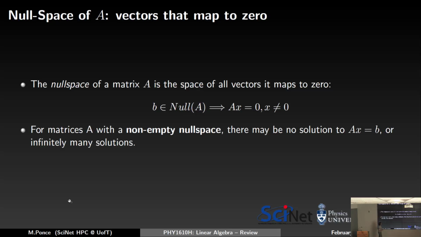The interesting thing that we can prove is that for matrices that have a non-empty null space, the system Ax equals b may have either infinite solutions or no solution at all. So it's an undetermined system in that way.